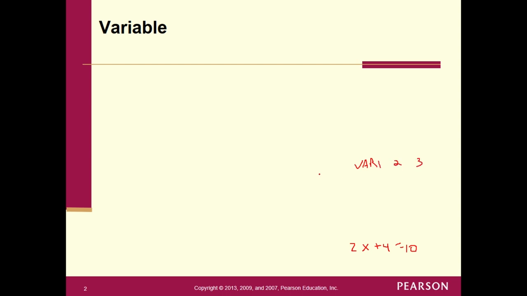Maybe variable 1 is gender, and you're going to have rows, and the first row will represent the first person. Maybe the first person is a male, and he is 19 years old, and he has 2 siblings, and so on and so forth. So you might collect all kinds of variables.